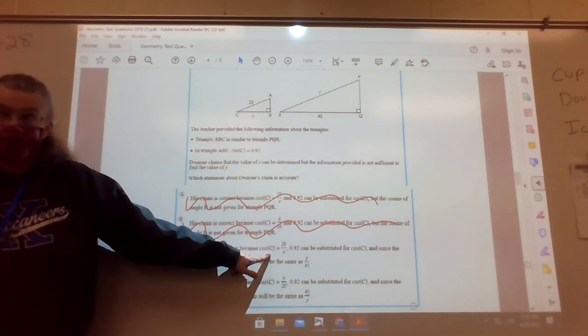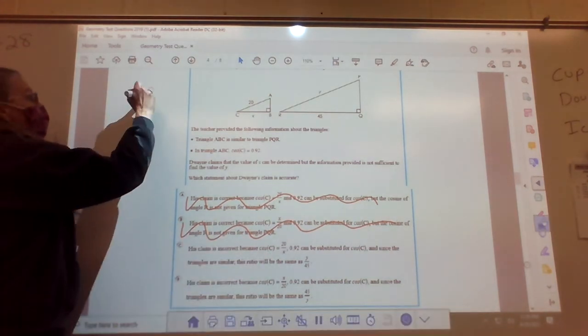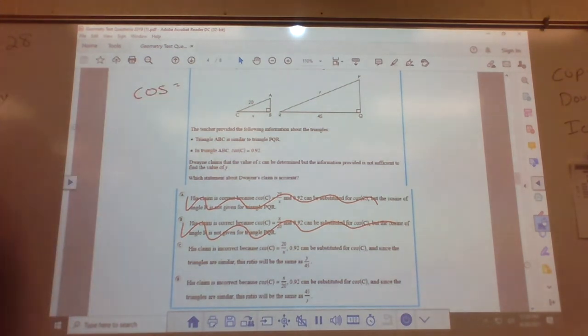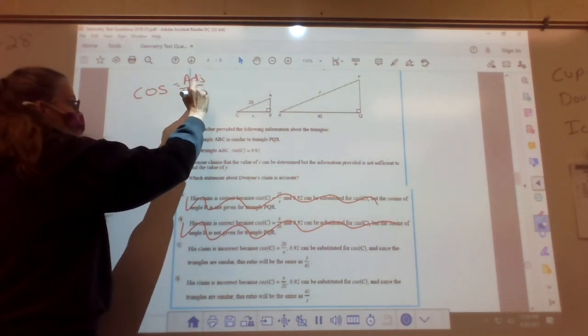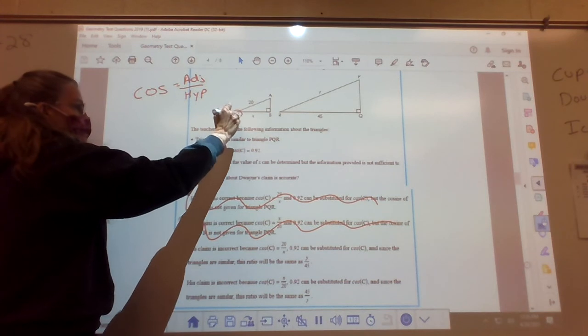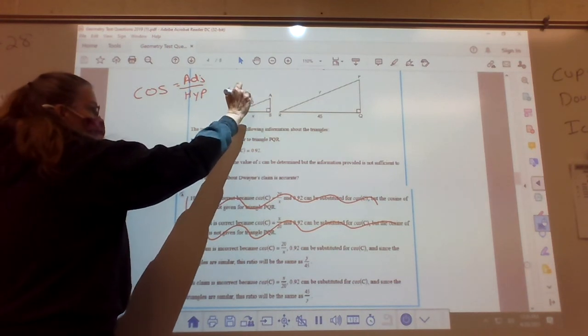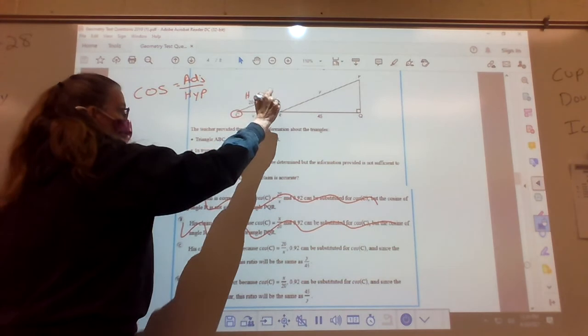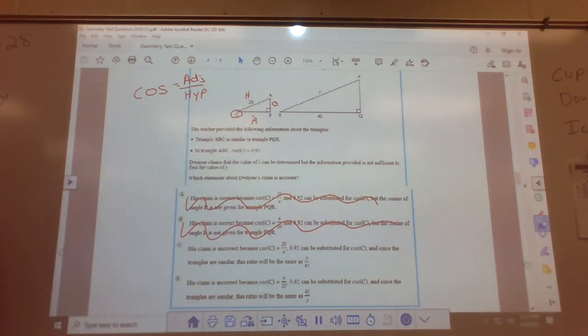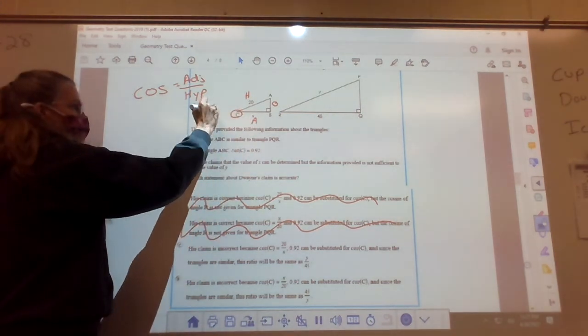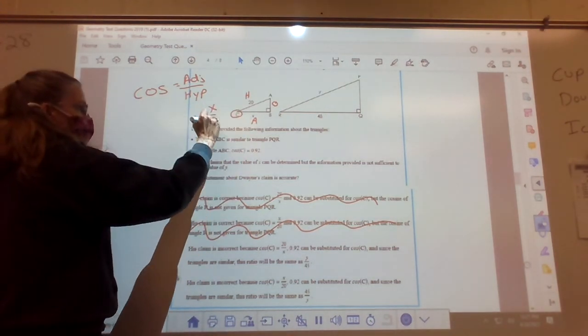And it says cosine. What's the ratio for cosine? It's on your reference paper. That's why I gave you a reference paper. Adjacent over hypotenuse. So if I'm going from C, remember here's your hypotenuse, walk across the triangle to opposite, next door is adjacent. Adjacent, x, hypotenuse, 20.